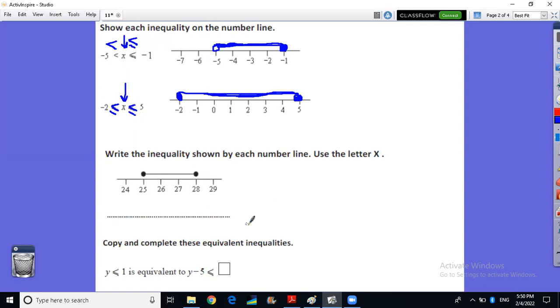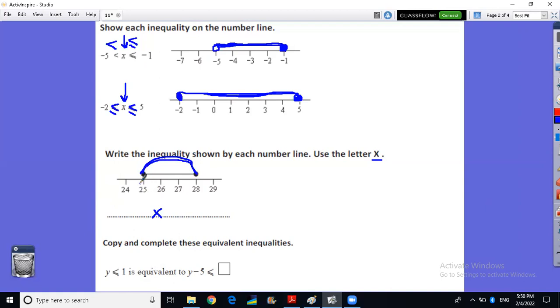Okay, that's it. All right, so what are we going to do next here? They have given you the number line and they want you to write down the inequality. How can we write down the inequality? Using the letter X. Okay, so I'm going to write here X in the middle, but what about it? X can be anything that is between all of this.